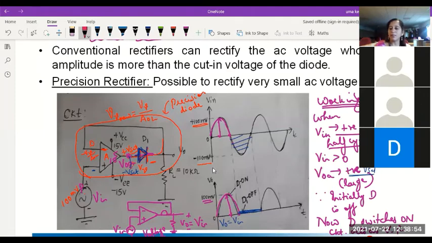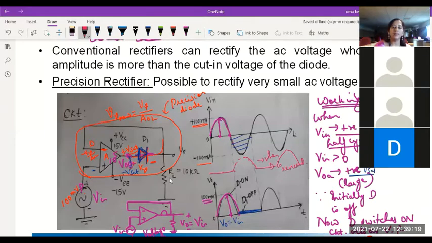So what you will see is these negative half cycles will get converted to positive half cycles, and during positive half cycles this diode will be off. So I'll have zero output during positive half cycles, and I'll have positive output during negative half cycles of the input. So this is the situation when diode is reversed.